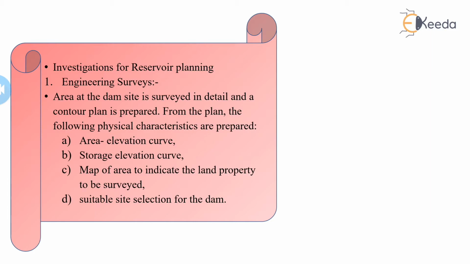This type of curve study, area elevation as well as storage elevation, tells us where the water spread area is according to the reservoir elevation. It helps us to determine the areas which are going under submergence, or where the depressions are, and when we take the area of someone's land, the owner of this land, we have to pay compensation to them.